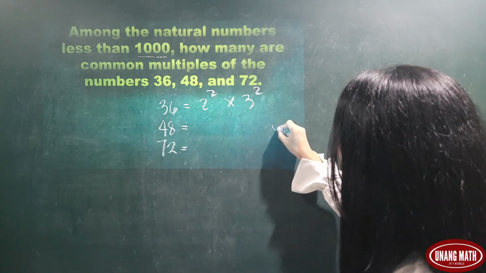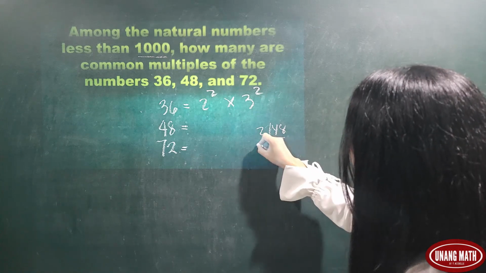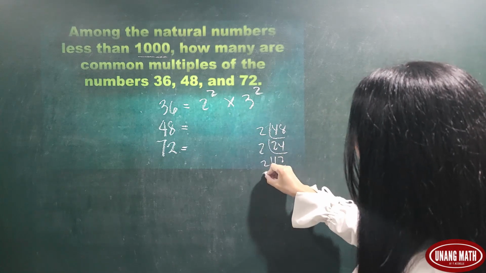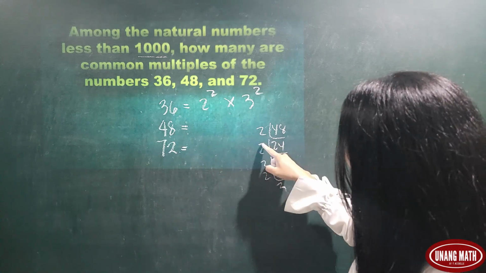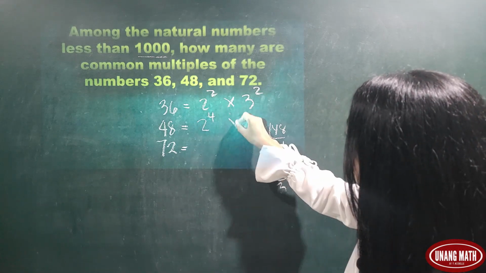How about 48? Okay, 48 divided by 2 is 24, then 2, 12, 2, 6, 2, 3. Okay, the prime factorization of 48 is 2 raised to the power of 4 times 3.